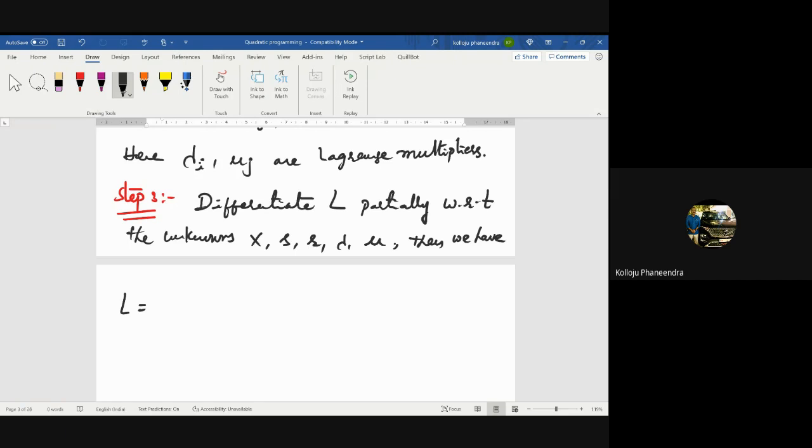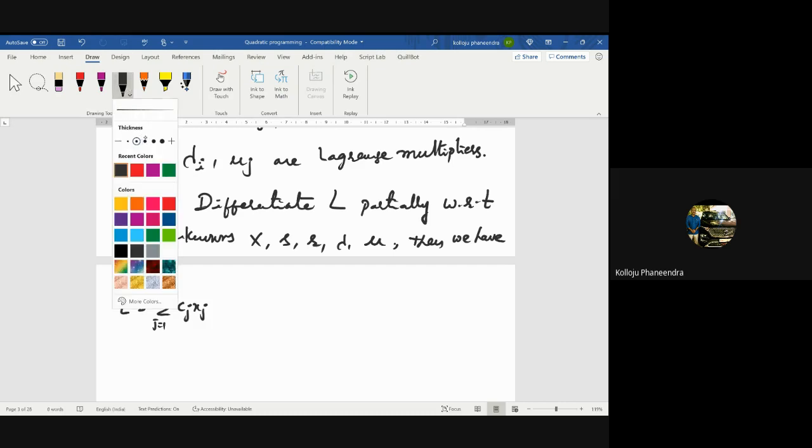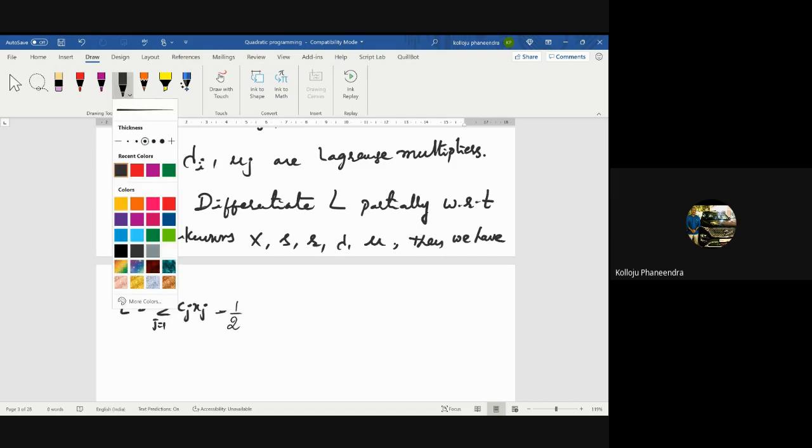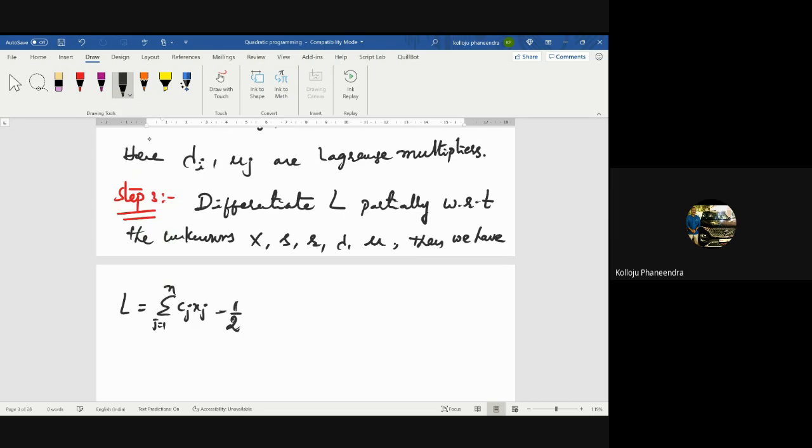Summation cj into xj, j equal to 1 to n, plus minus 1 by 2 into double summation xj djk xk, j equal to 1 to n, k equal to 1 to n.